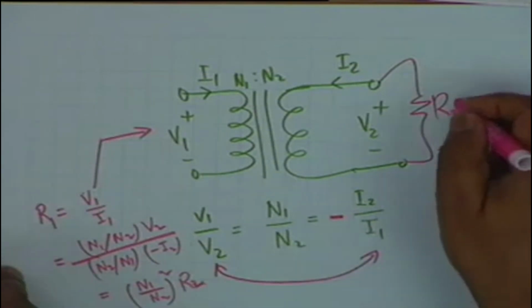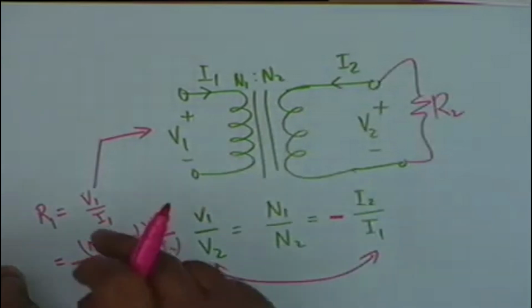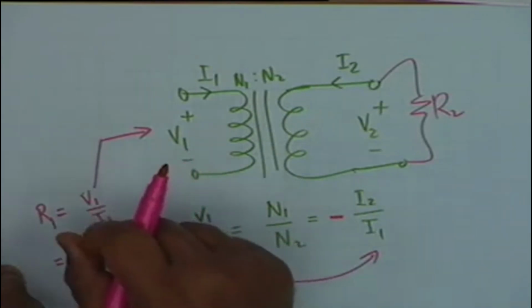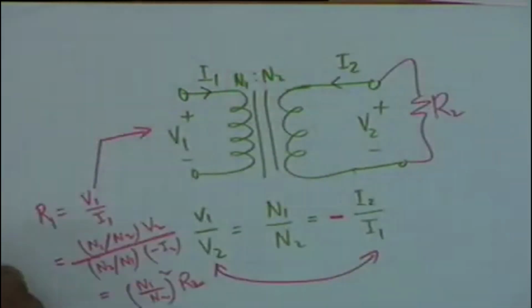That is, if you terminate the secondary in R2, then what you see in the primary is called reflected resistance. This resistance reflects itself to the primary with a factor of N1 by N2 whole square, that is the turns ratio whole square.